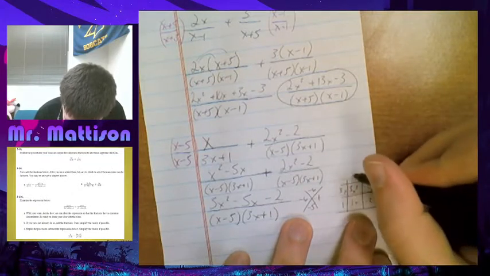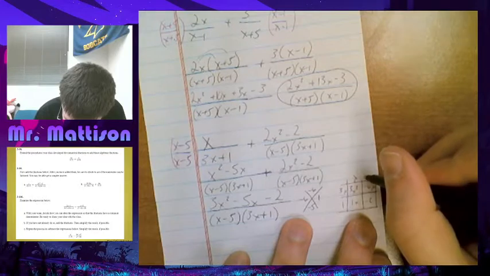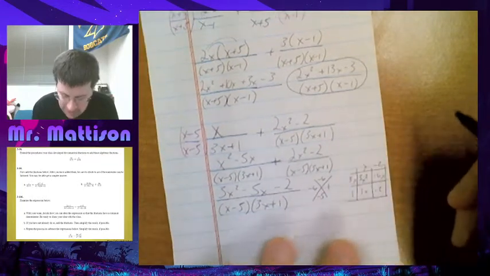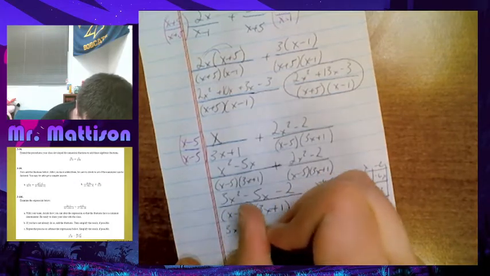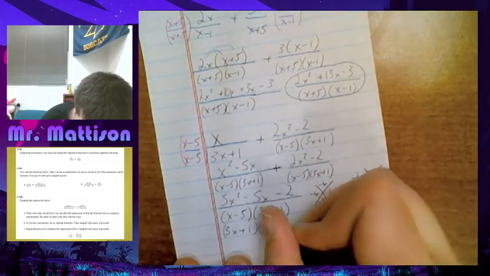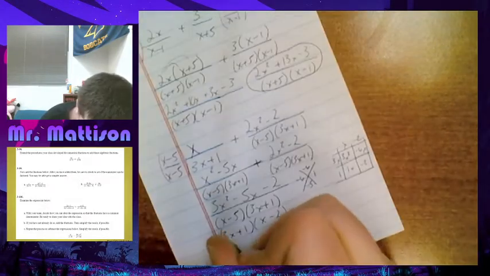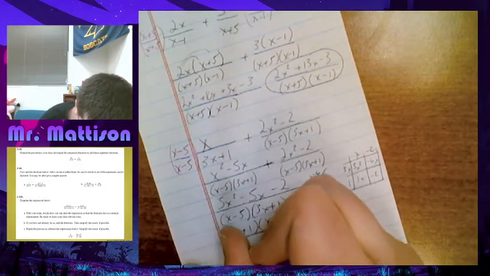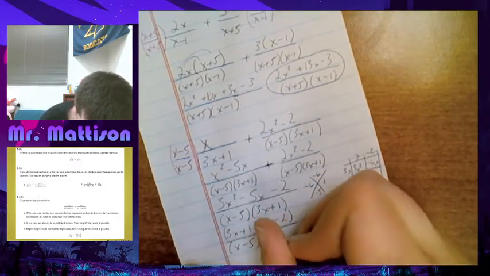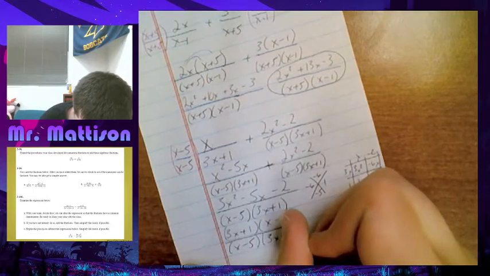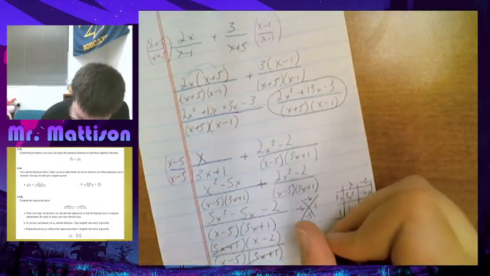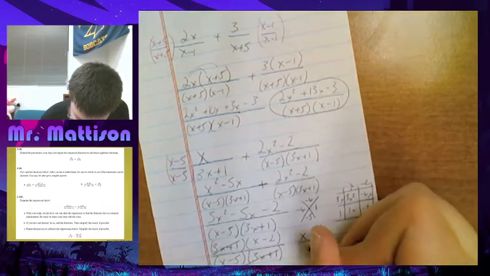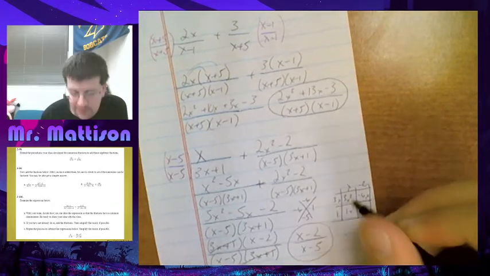And here I can pull out an x, and here I can pull out a negative 2. So that is going to factor into 3x plus 1 times x minus 2 over x minus 5 times 3x plus 1. So now those 3x plus 1s are going to cancel out. All I'm left with is x minus 2 over x minus 5.